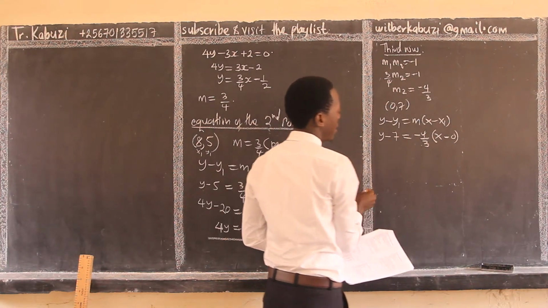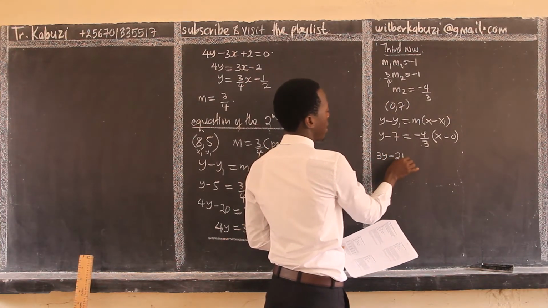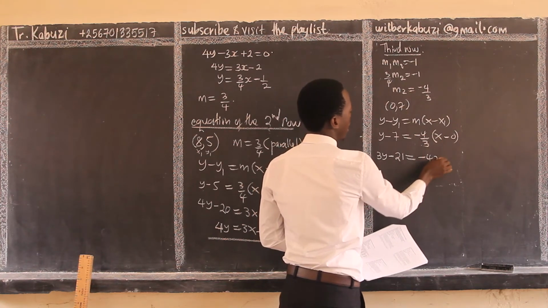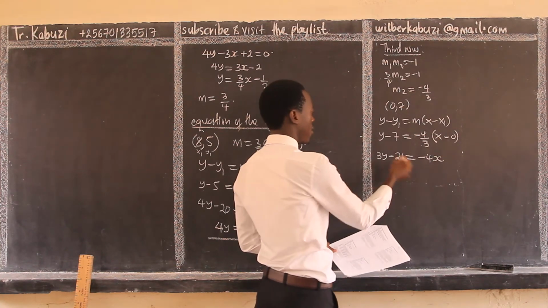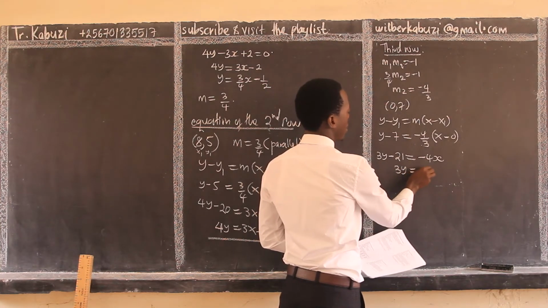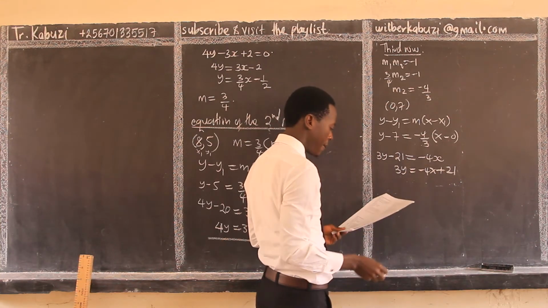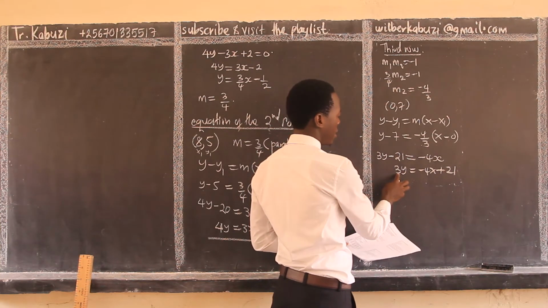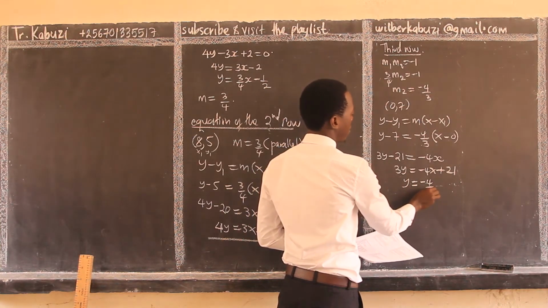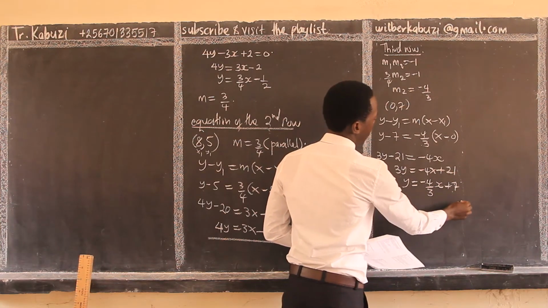When I multiply through by 3, this 3 multiplies here, this 3 times this, then this negative 4x, because this will be 0. Rearranging it, I have now my 3y equals negative 4x plus 21. So divide through by 3, I get y equals negative 4 by 3 x plus 7. So this is my equation.